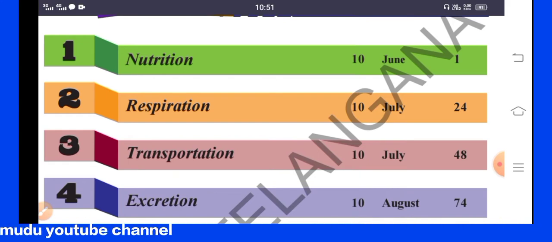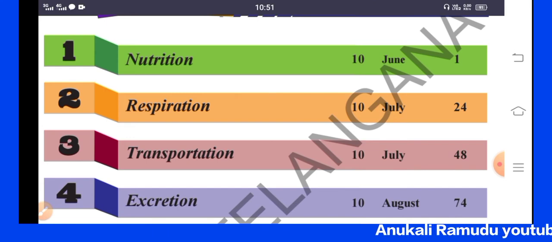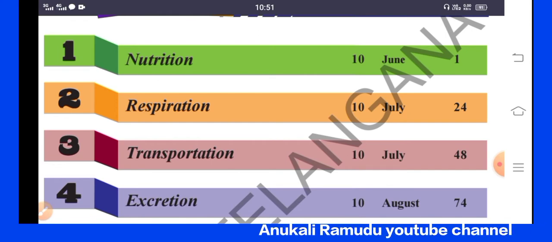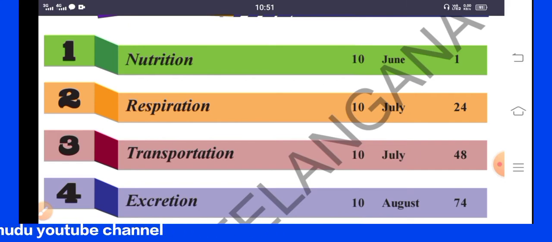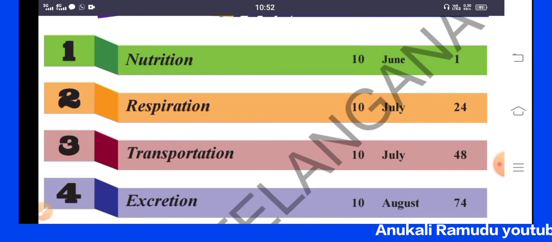In this chapter, the major topic is photosynthesis. You know that photosynthesis is the most important process in this universe. Why? Because it is the universal food provider, and it supplies oxygen to all the organisms in this universe.